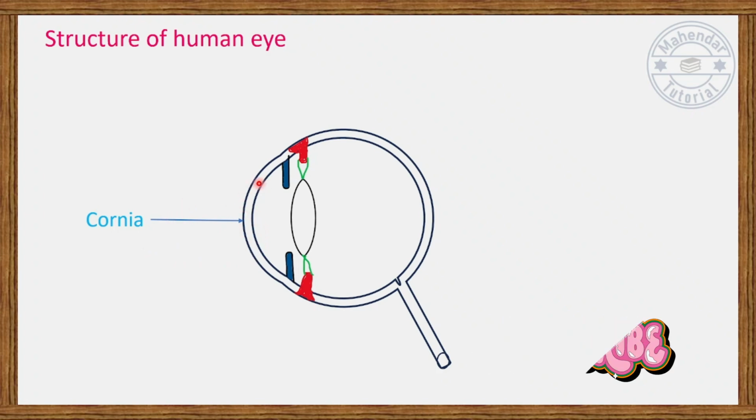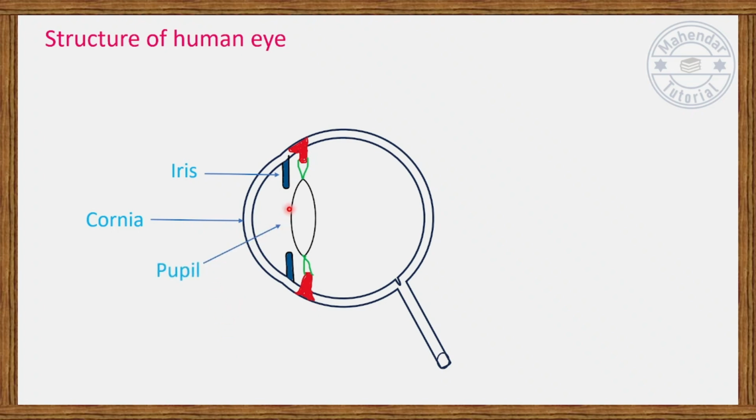Just behind the cornea, there is a colored ring shaped membrane. This is called iris. In the middle of the iris there is a small hole. The hole is known as pupil.